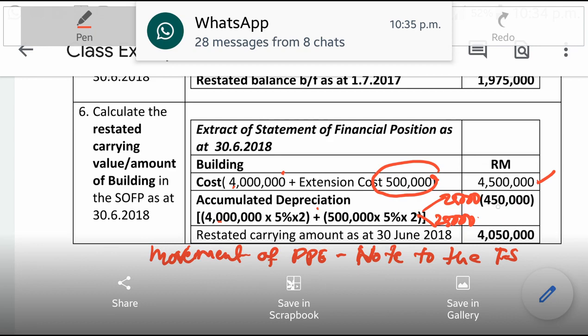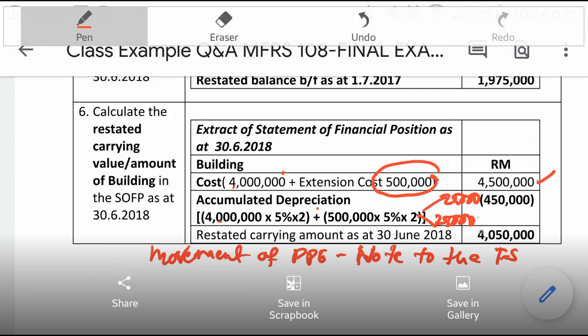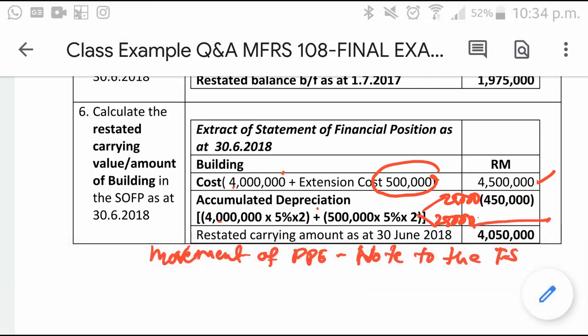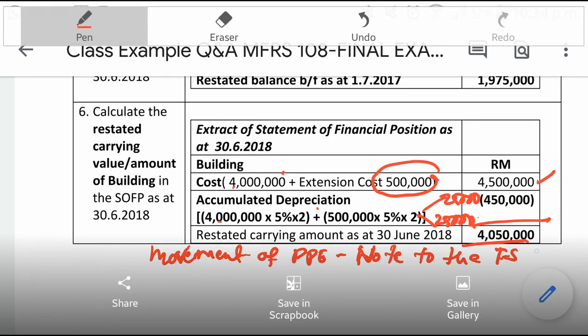So that gives you 450. Before that, it was 400,000, right, for the depreciation, but now becomes 450, an increase of 50,000. And therefore your restated carrying amount of the PPE is 4050. So your PPE has been restated, your equity balance brought forward also has been restated, and now the error has been rectified.